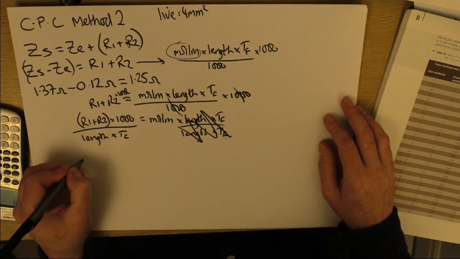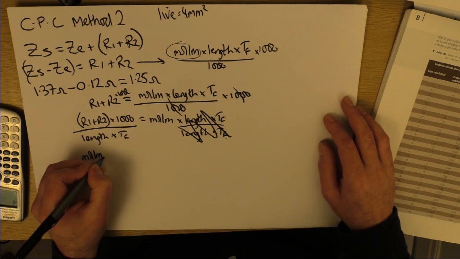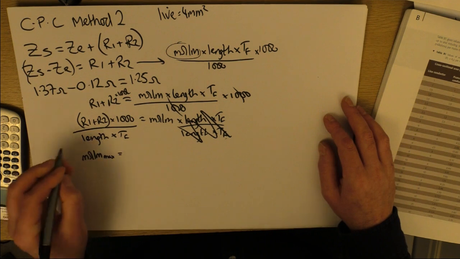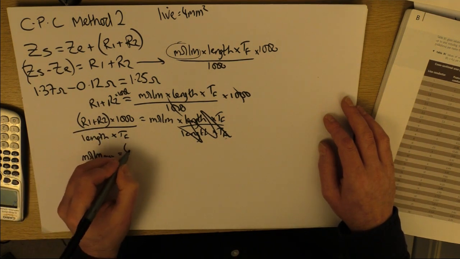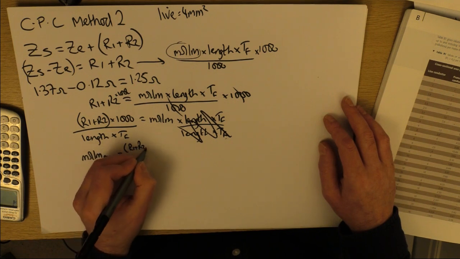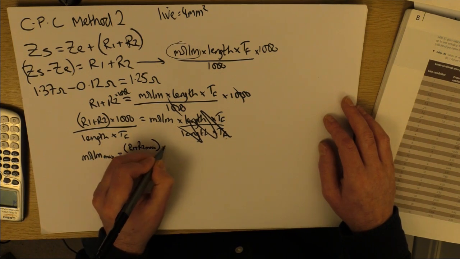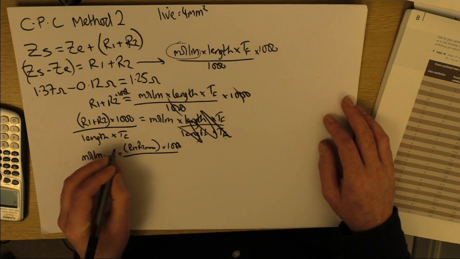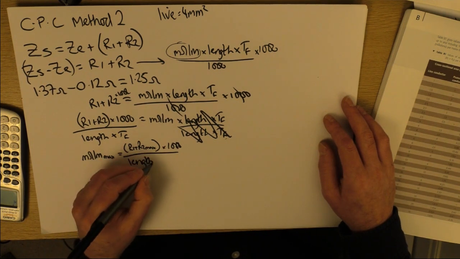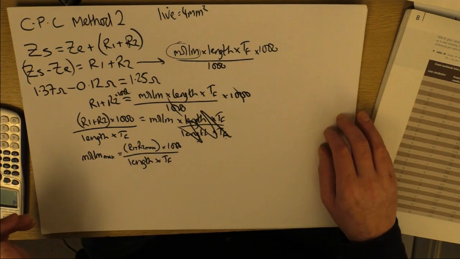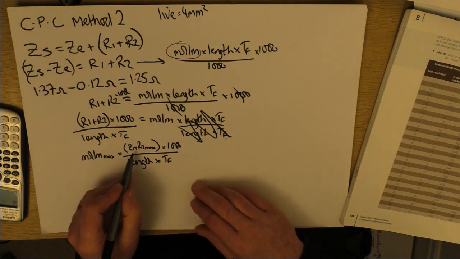So our milliohm per meter max is equal to the maximum R1+R2 times 1000 divided by length times temperature factor. We got that.